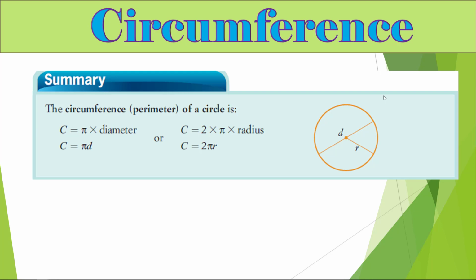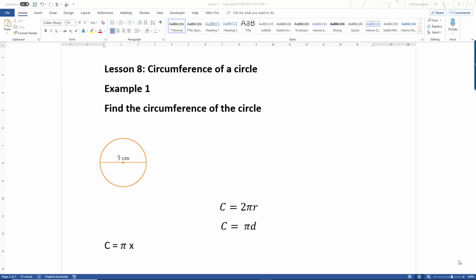Now I'm going to show you a few examples of exactly how to use this formula to work out the circumference, or the perimeter, of a circle. Looking at this first circle, we've been given the diameter, which in this case is 5, and we're going to use this to work out the circumference of this circle.